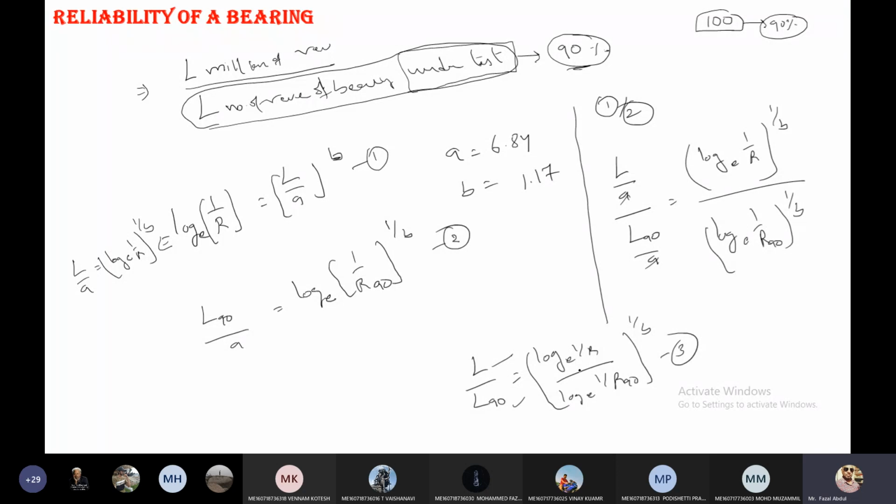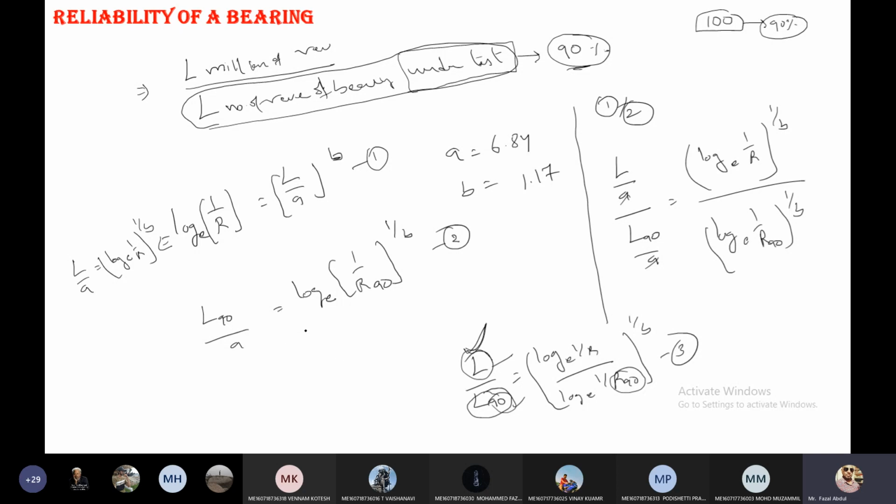With this ratio we are going to calculate the life. The life at 90% will be given in the question, the reliability for the problem is given in the question, and the total life of the bearing is what we calculate with this equation.